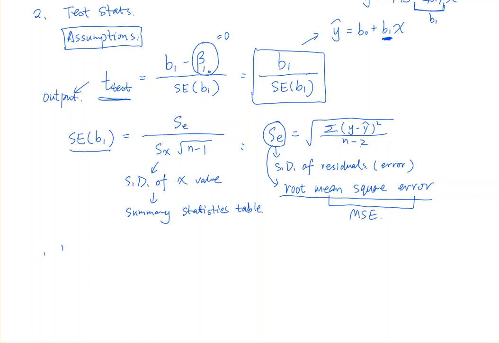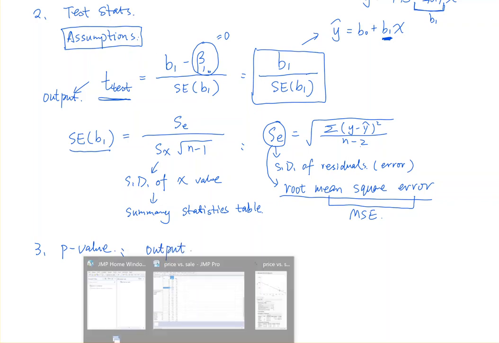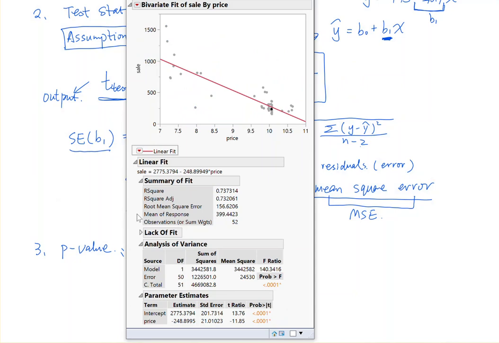The next step is to find the p-value. If you have the output, you can directly get the p-value. Here I just show you what the p-value is, or not this p-value, it will be this, sorry, come back.